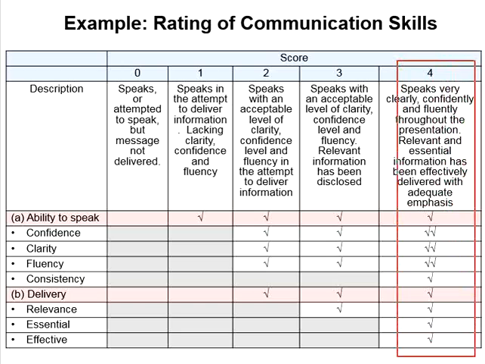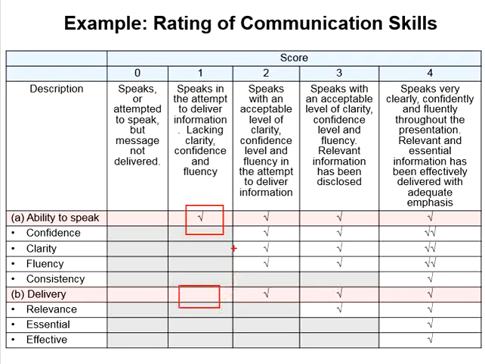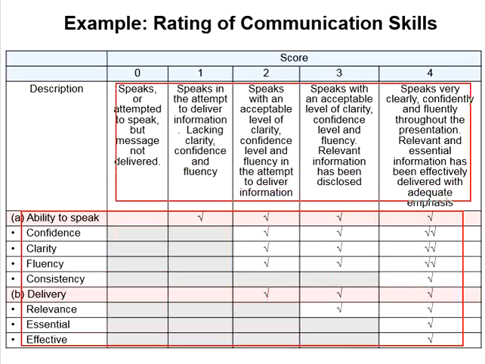Number 4 here, the most excellent performance, will have all the good characteristics. As for 1 and 2 here, lacking confidence, clarity, fluency, consistency, and so on and so forth. Having the ability to speak but might not be able to deliver the message or information effectively. Now you are ready to convert all this into text.